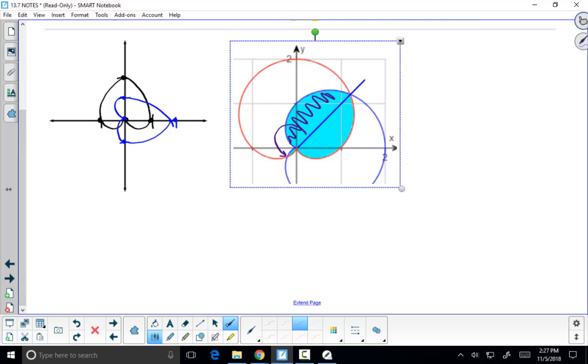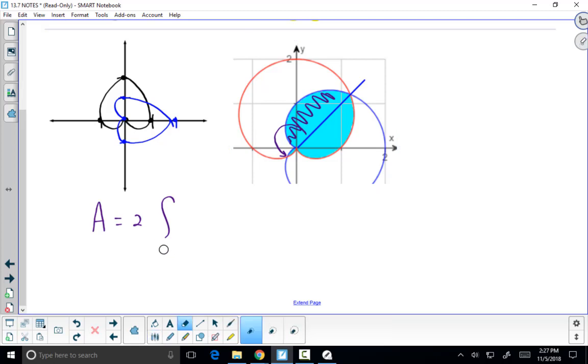So we're going to set up our area integral as 2 times the integral from pi over 4. I need two integrals. Let me set the double integral up first. The inner integral is going to be our curves. We're basically integrating nothing in here, so it's area. The r is part of the differential, so we're integrating 1.